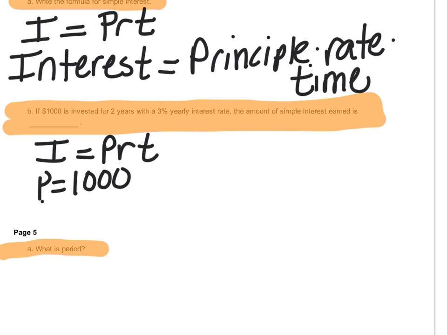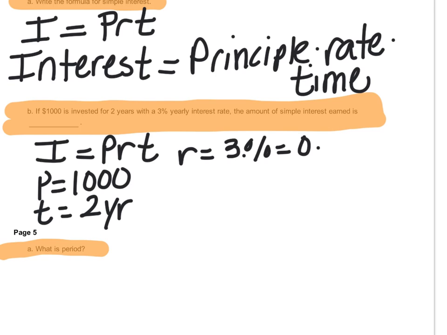The time is a duration of 2 years, and the interest rate, like I told you before, is 3%, and you want to turn that into a decimal. So if the decimal is behind the 3, you move it 2 places to the left, and you end up with 0.03.